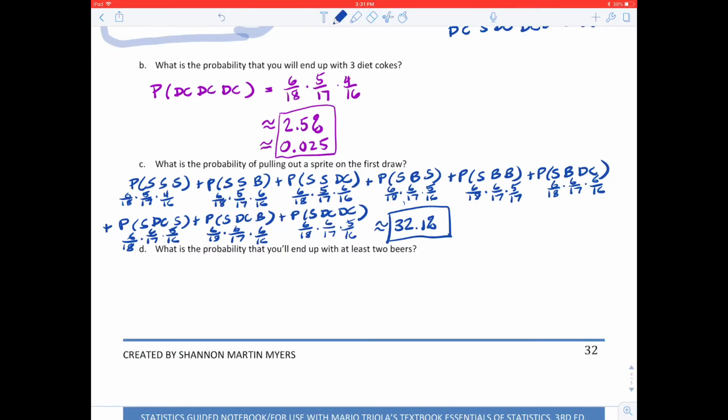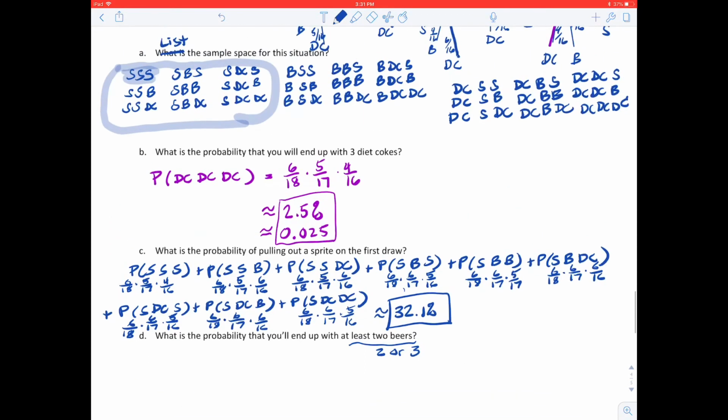Cool. What's the probability we'll end up with at least 2 beers? So what does that mean? Well, if there's at least 2 beers, that means you could have 2 or 3 beers, right?